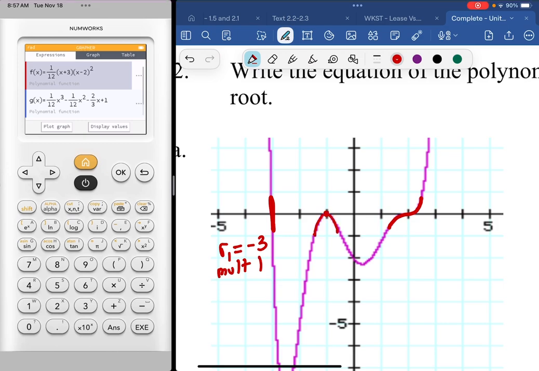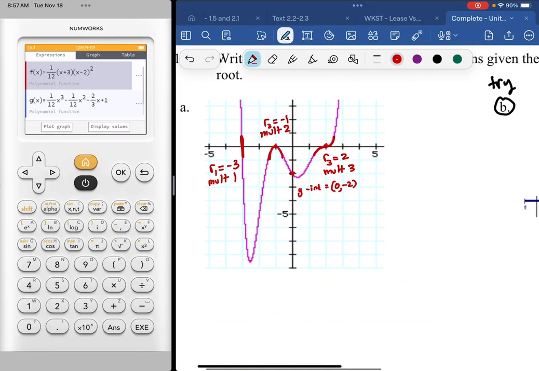This has a touch and turn around kind of look to it. So my second root is negative 1 with multiplicity of 2. And my third root is 2 with multiplicity of 3, and I have a y-intercept of 0, negative 2.